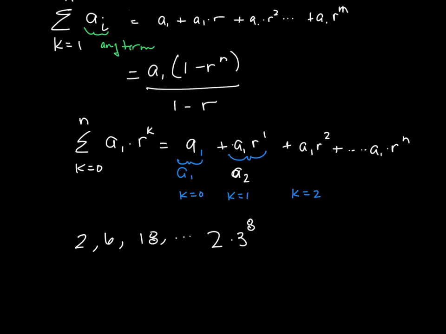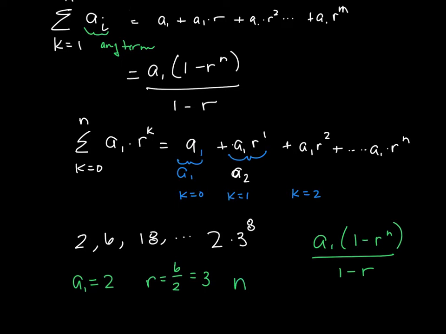In order to use the formula, our sum is equal to A1 times 1 minus R to the N all over 1 minus R. So we need to find A1, which is just the first term, which is 2. We need to find R, and I find R by taking 6 divided by 2, which is equal to 3. And the last thing I need to find is N.